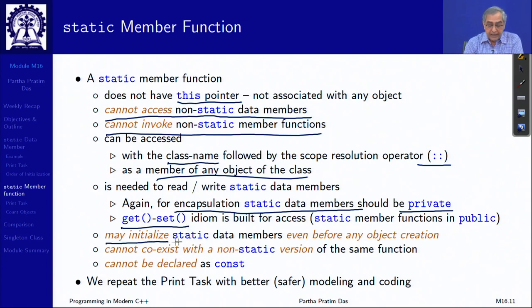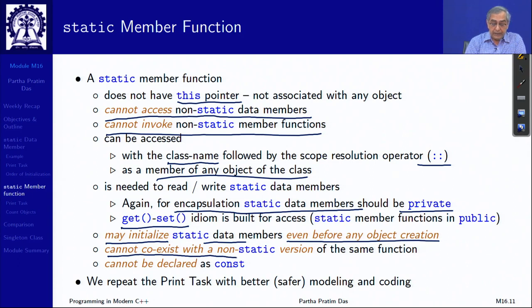So, you may initialize static data members even before any object creation, because I told you it will get initialized before main starts. It is possible that you instantiate some object also before main starts, but it is not necessary.